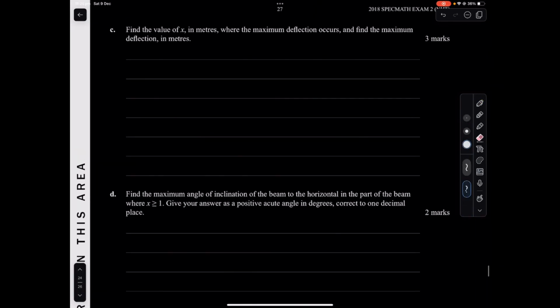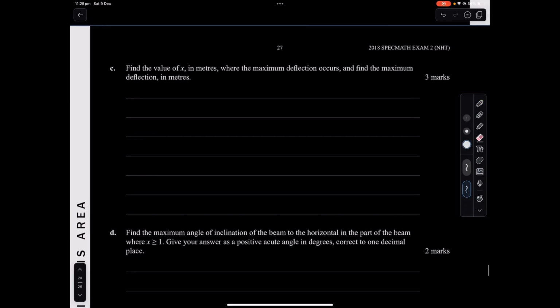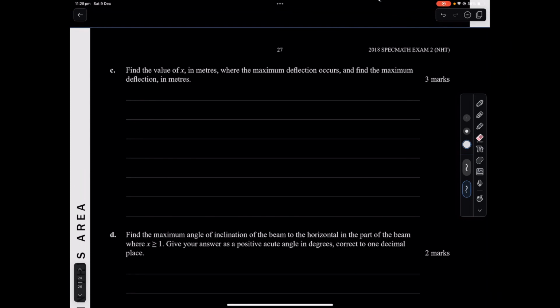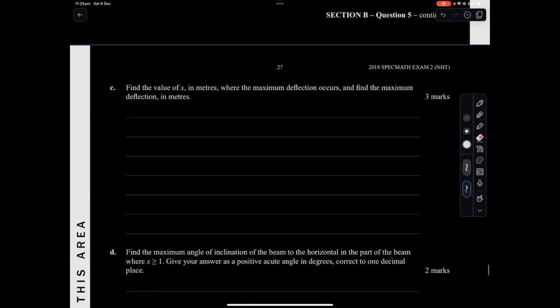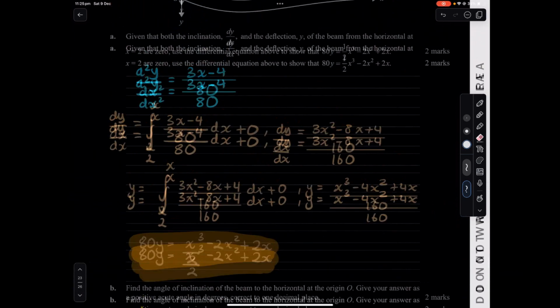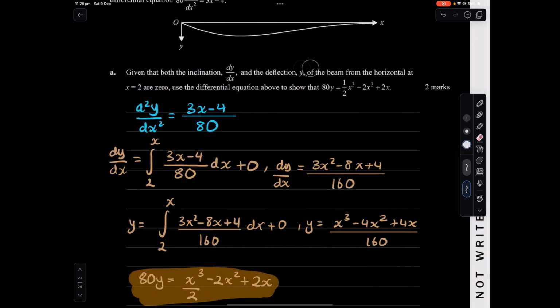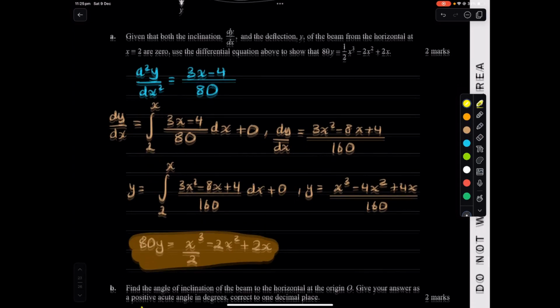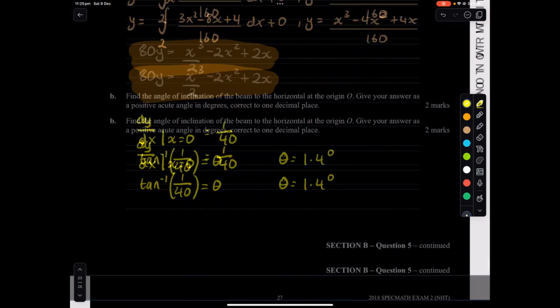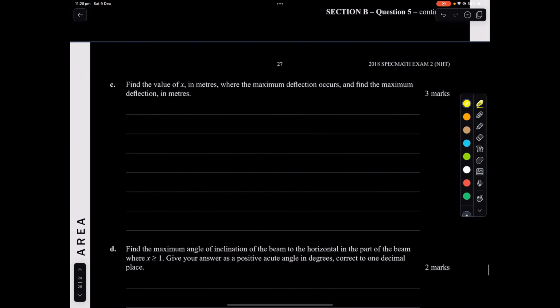Find the value of x in meters where the maximum deflection occurs, and find the maximum deflection in meters. So the maximum deflection, okay. So what is deflection? They say that deflection is y. So if we want the maximum deflection, it occurs when dy/dx is equal to 0.